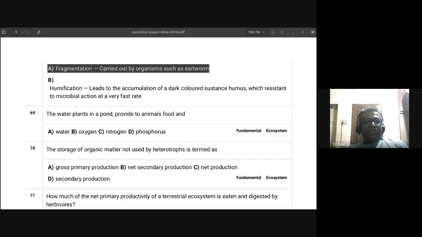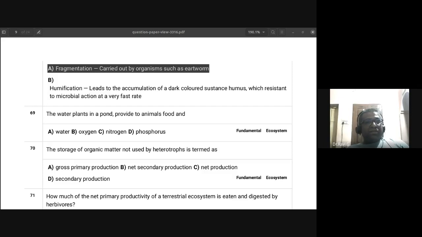See, humification is the process of formation of a dark colored layer of amorphous substance on the soil called humus. It cannot be decomposed easily as it is highly resistant to the action of microbes. The layer of humus is very rich in nutrients. So highly resistant to the action of microbes is a correct sentence.